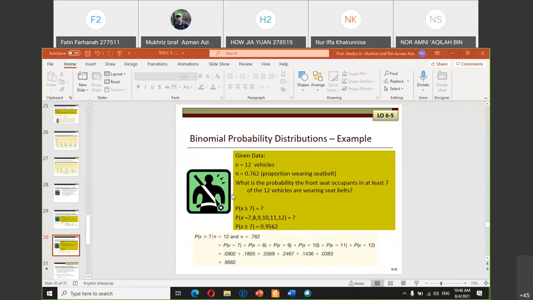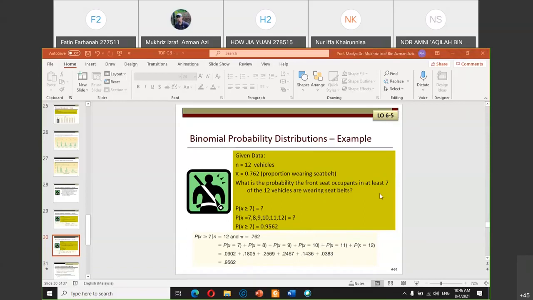So there are different English words that you can use to describe at least 7. Besides at least 7, you can also write more. If you put more than 7, meaning 7 is not included, meaning 8 and above.